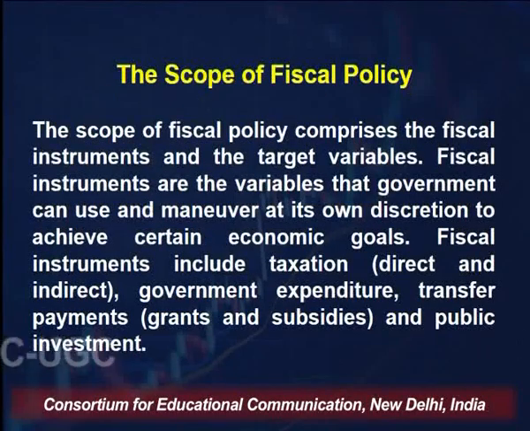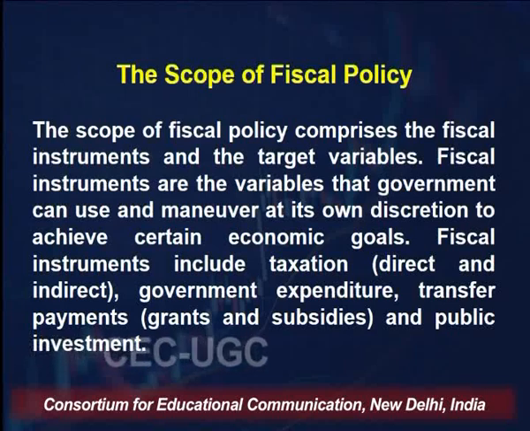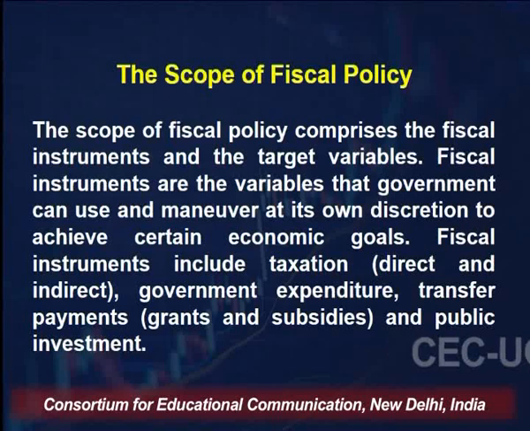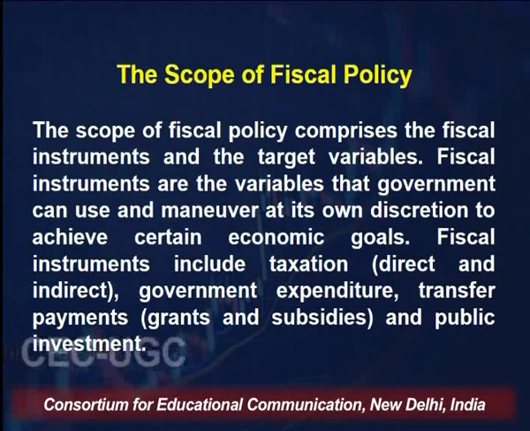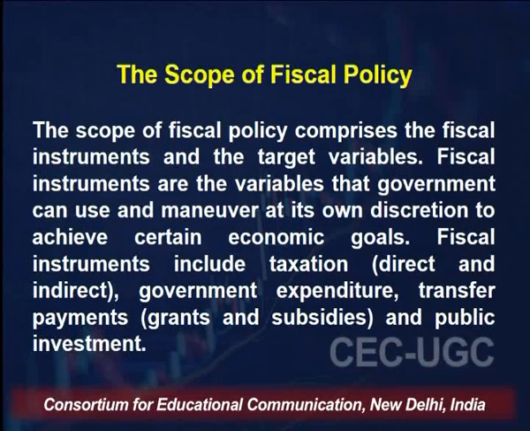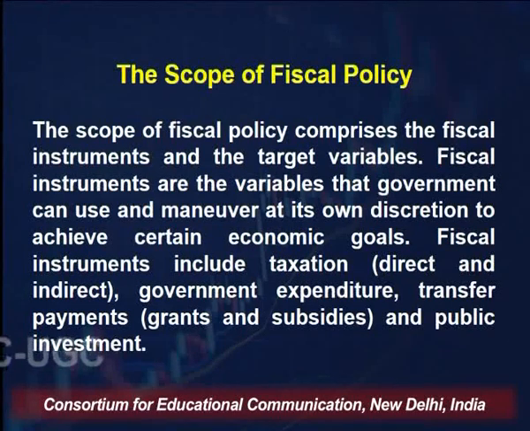Now, the scope of fiscal policy comprises the fiscal instruments and the target variables of government policy. Fiscal instruments are the variables that government can use and maneuver at its own discretion to achieve certain economic goals.